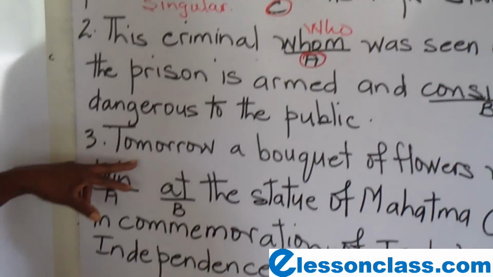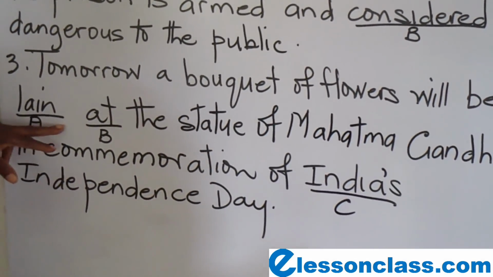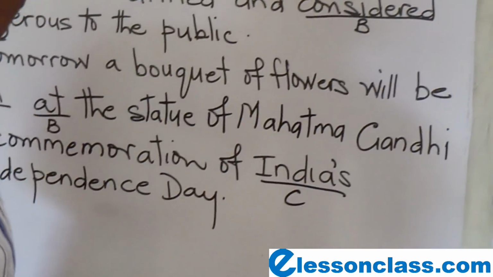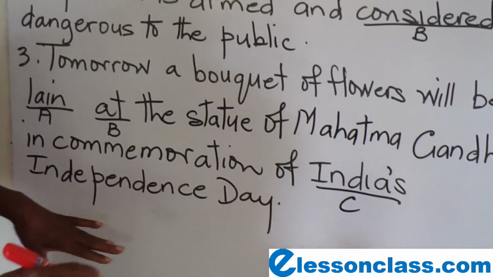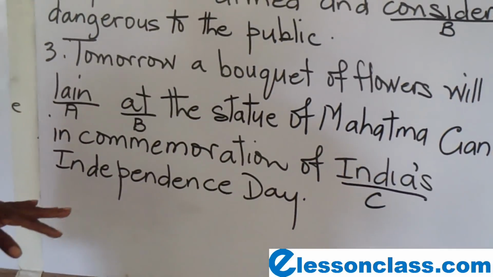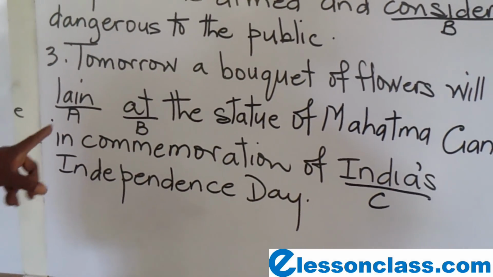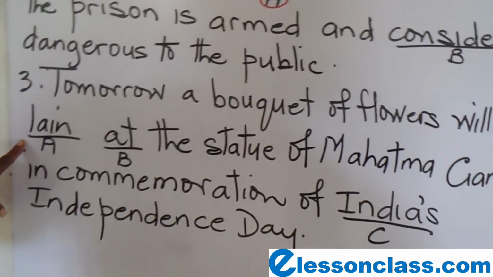Number 3, tomorrow a bouquet of flowers will be laid at the statue of Mahatma Gandhi in commemoration of India's Independence Day. So let us look at the sections now that are underlined and lettered. The first word that we have there is laid.